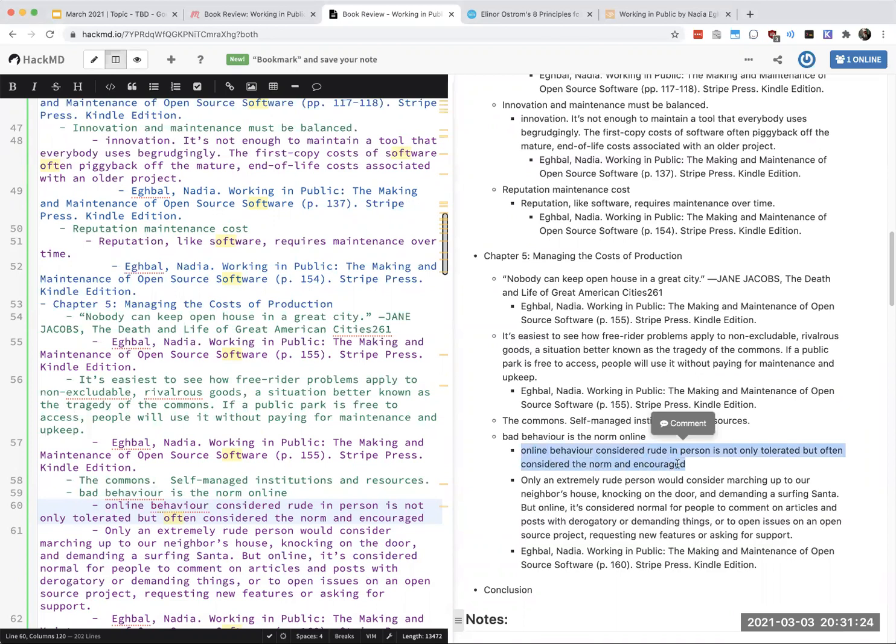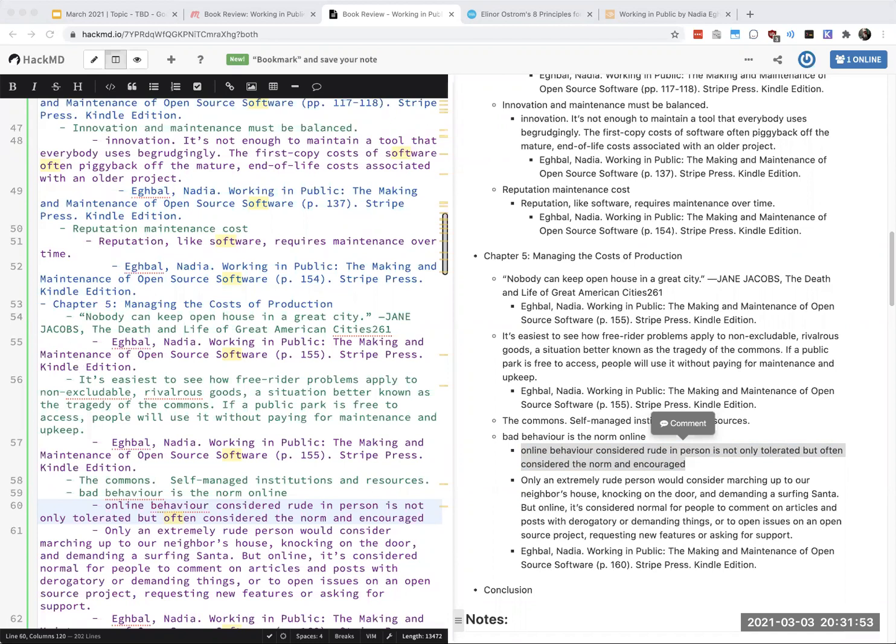Dealing with behavior that wouldn't be tolerated in person, but it's the norm and sometimes encouraged, like just go and demand things. It's fine, you can go and demand them as an end user to these projects. Maybe it's because you may consider it as if you were paying for the service, but for a lot of these, you're not paying anything.